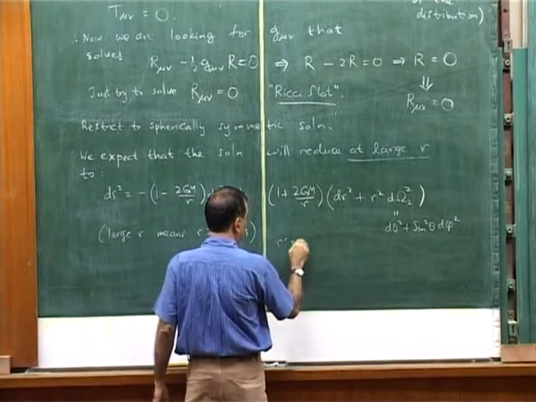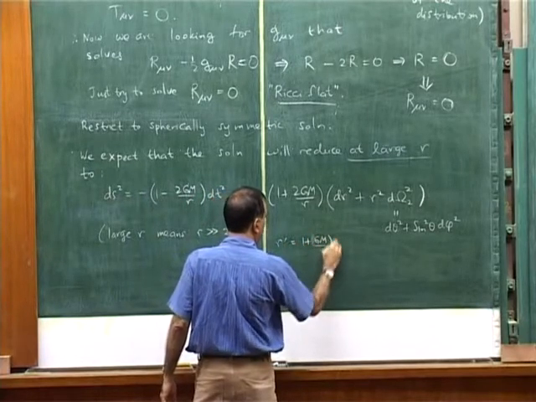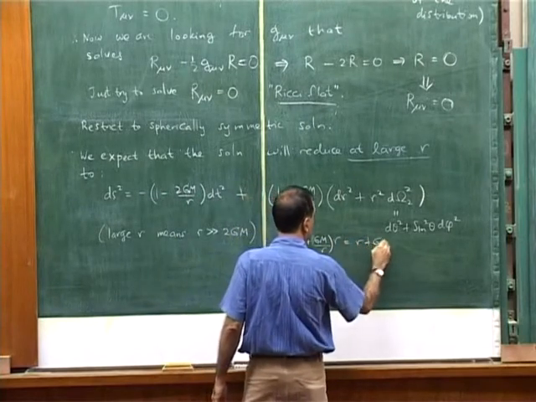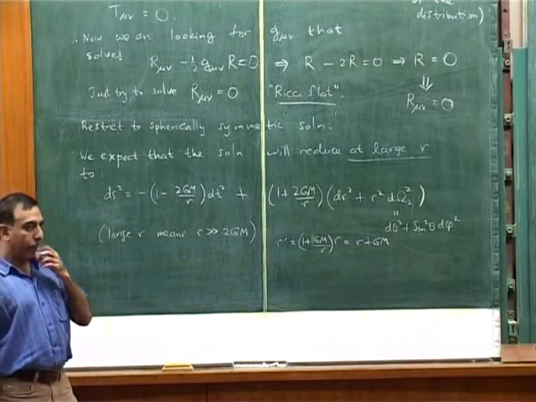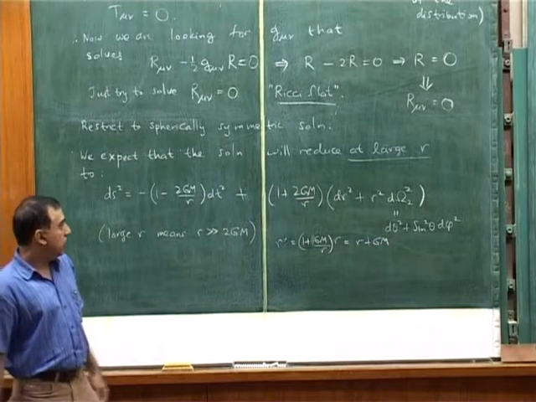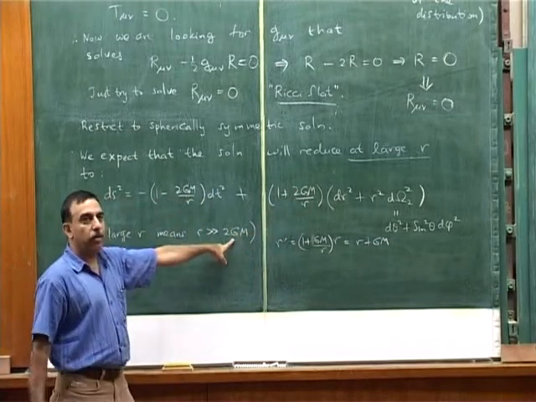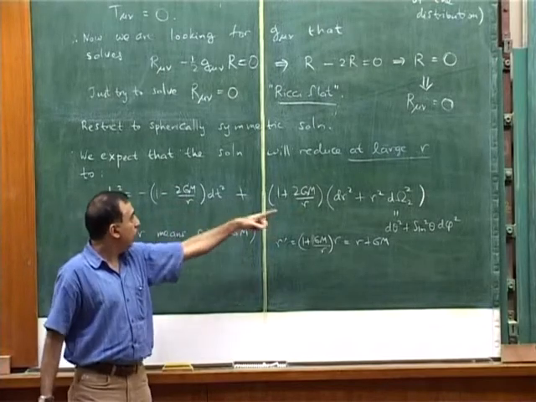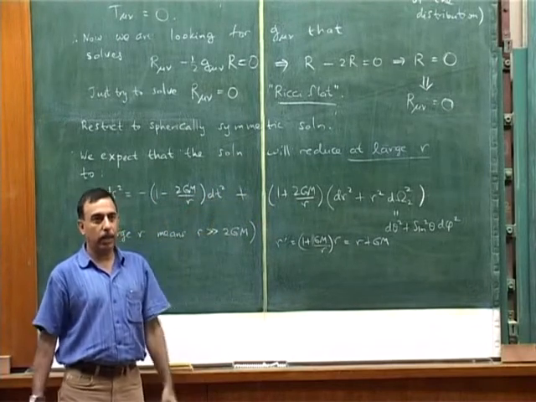Let R prime be 1 plus Gm upon R times R, which is the same as R plus Gm, just a shift in R by a constant. Now, Gm upon R is a small quantity because R is much bigger than Gm. So think about Gm upon R as being epsilon, and then this metric should be valid to first order in epsilon. Higher orders in epsilon don't mean anything.